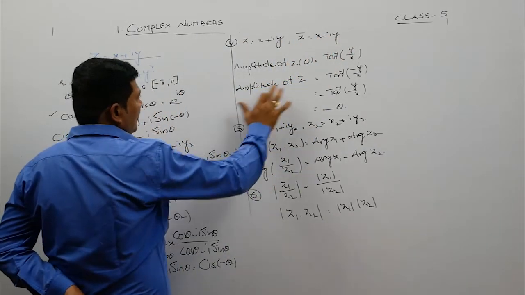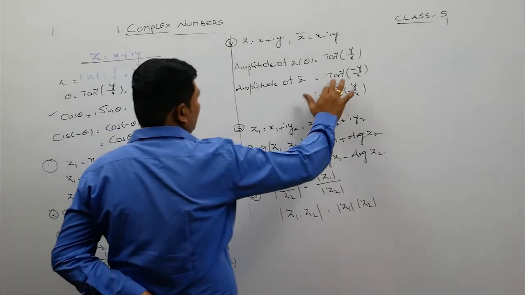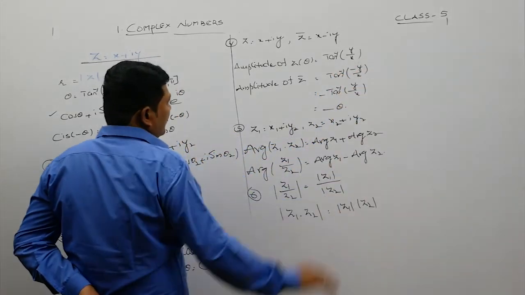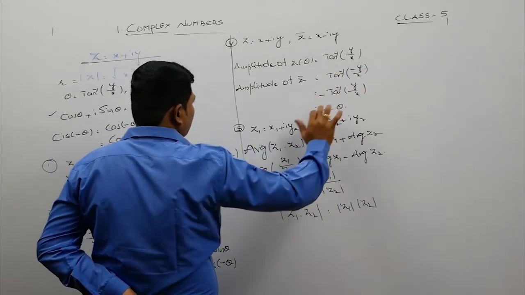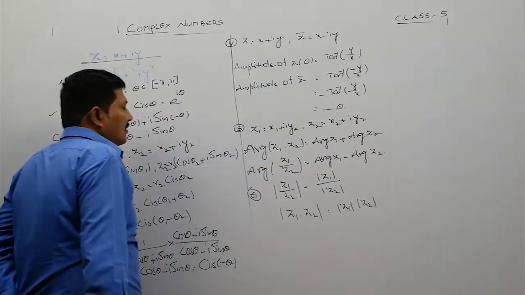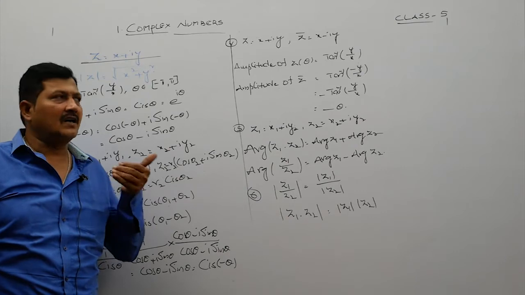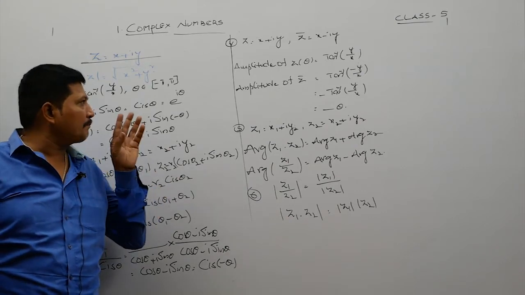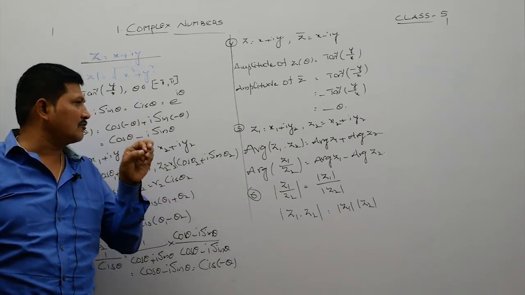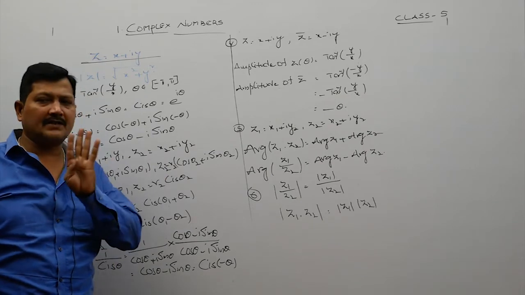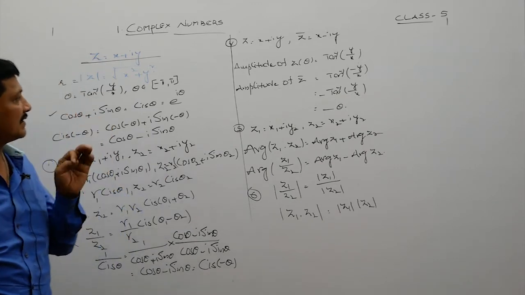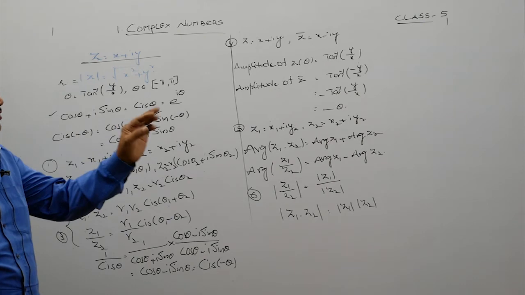So the amplitude of z bar is equal to tan inverse of −y by x, which is equal to −tan inverse y by x, that is equal to −θ. So what to remember is a complex number and its conjugate, their amplitudes differ with a negative sign.